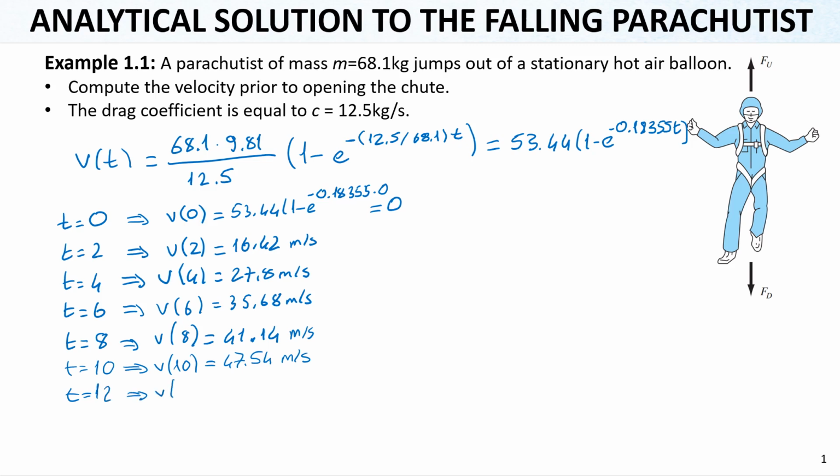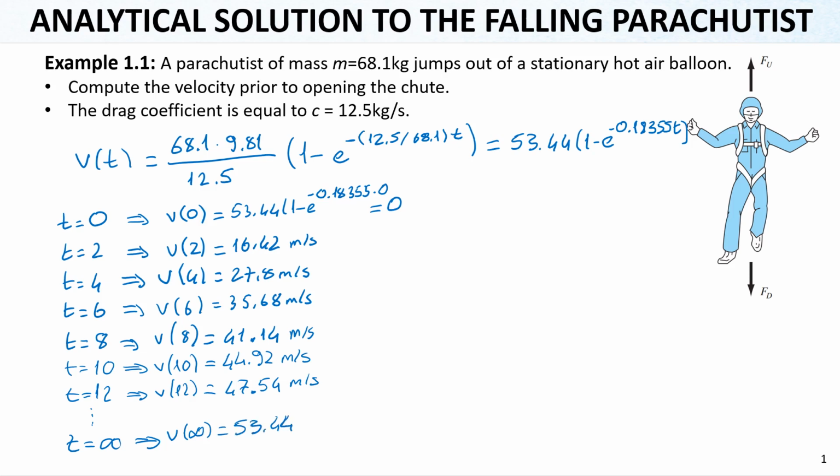v12 is 44.92. We can continue up to infinity, and for infinity we will have a constant velocity after a while, which is actually 53.44.